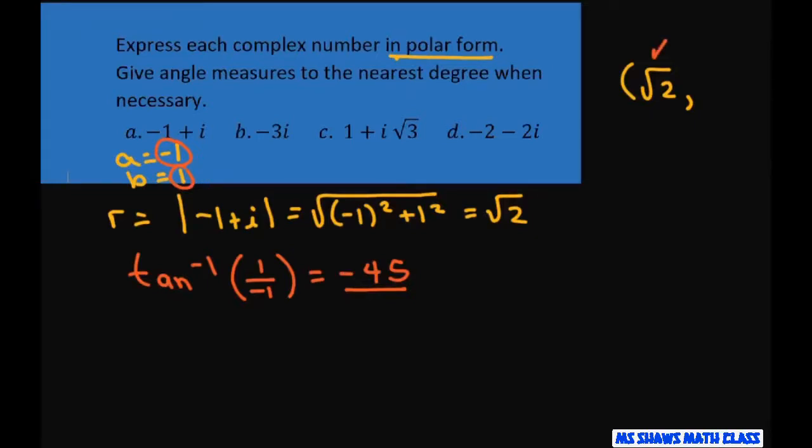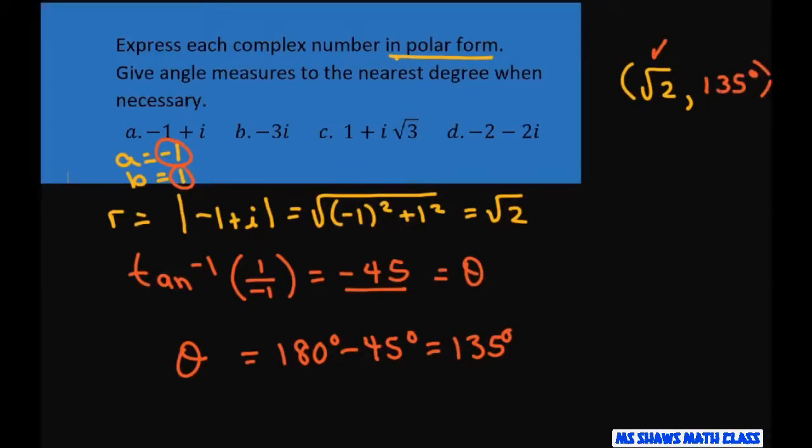So what you want to do is take your angle, 180 degrees minus 45 degrees, and that's going to give you 135 degrees.